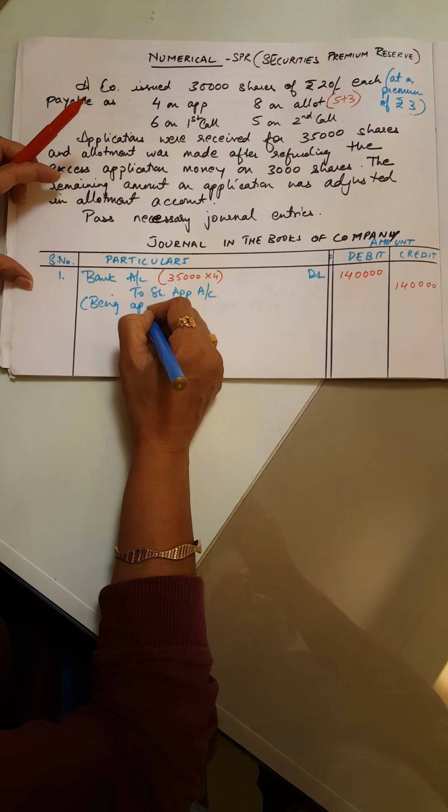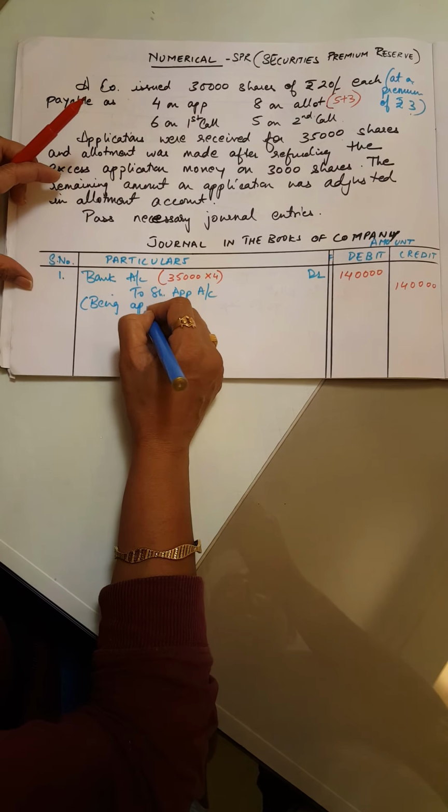As per rule, whatever number of shares are issued, only those can be allotted. So definitely your capital will be 30,000 only. Here premium is 3 rupees. So capital amount will be 5 and premium amount will be 3. So this will be 30,000 into 5 and this will be 30,000 into 3. Whereas in share allotment, the total will come 30,000 into 8.